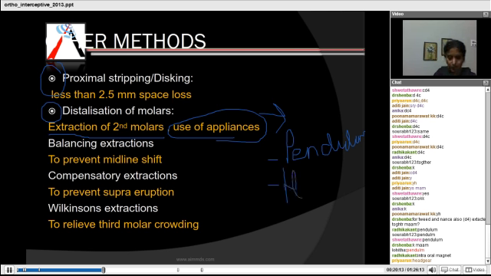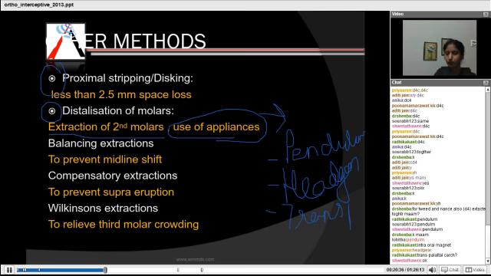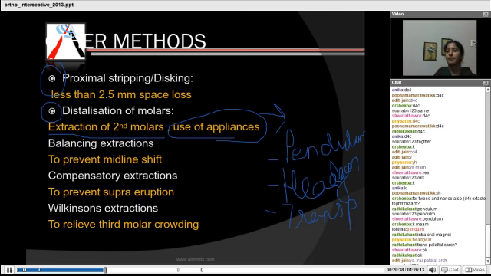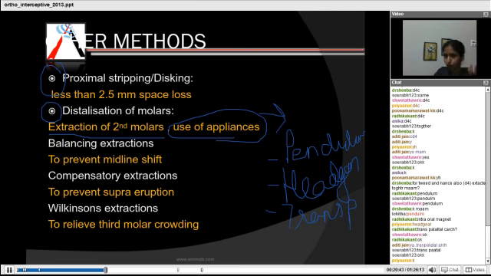Yes, headgear can also be used. Remember, any space maintainer used in the upper maxillary region which, other than maintenance of space, had a function. Yes, very good, transpalatal arch. That was used for distalization of molars. So these appliances can be used. Other than that, you can extract the second molars also.